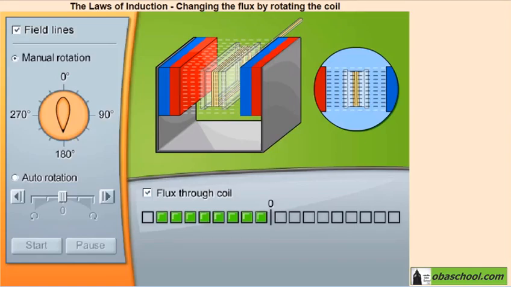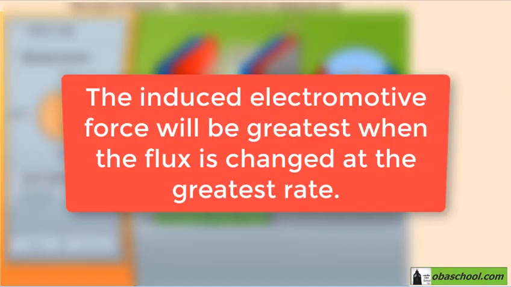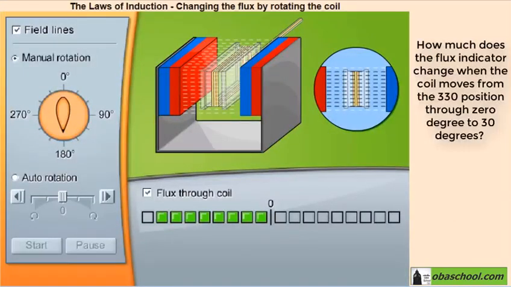Because the flux through the coil is changing as it rotates, an electromotive force should be generated in it. The induced electromotive force will be greatest when the flux is changed at the greatest rate. How much does the flux indicator change when the coil moves from the 330-degree position through 0 degrees to 30 degrees?